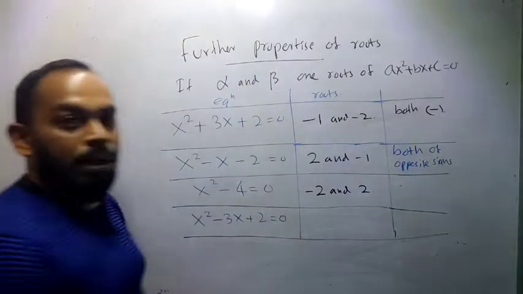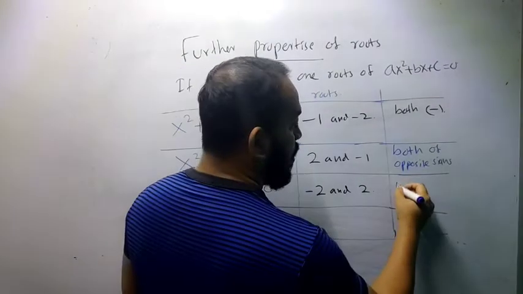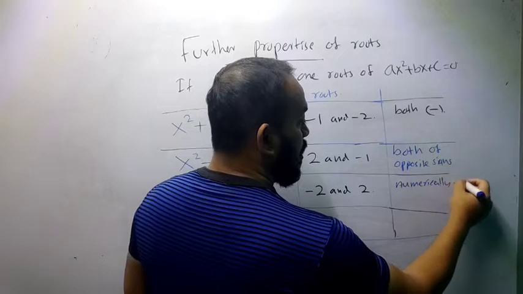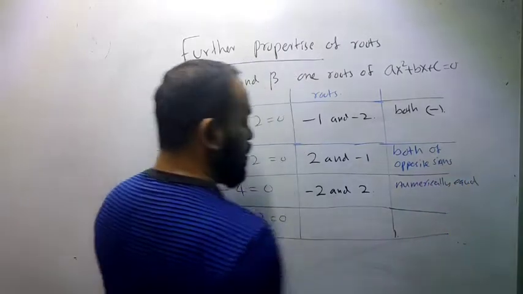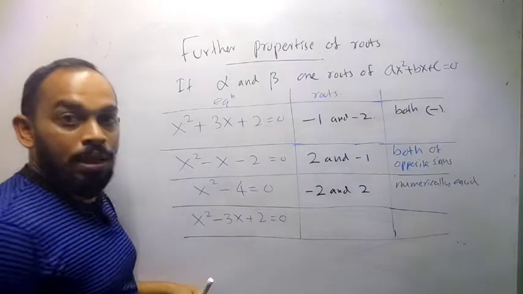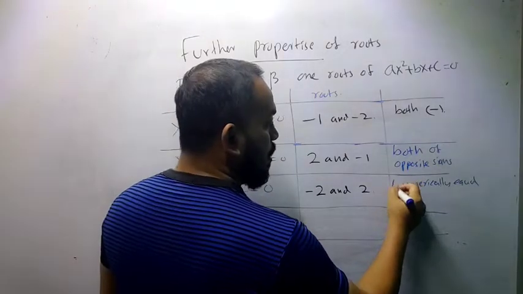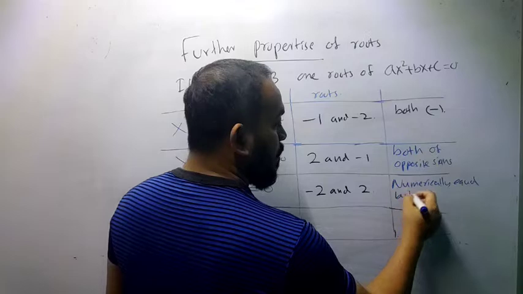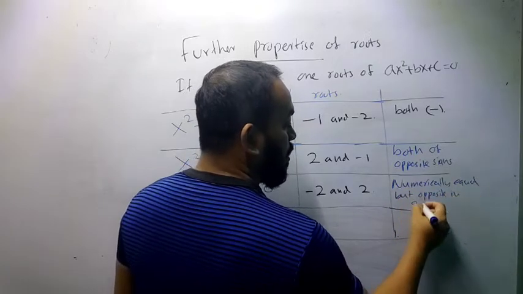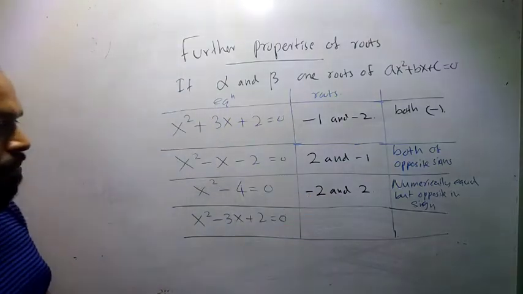The roots are numerically equal, because this is 2 and this is also 2, but opposite in sign. This is negative, this is positive.